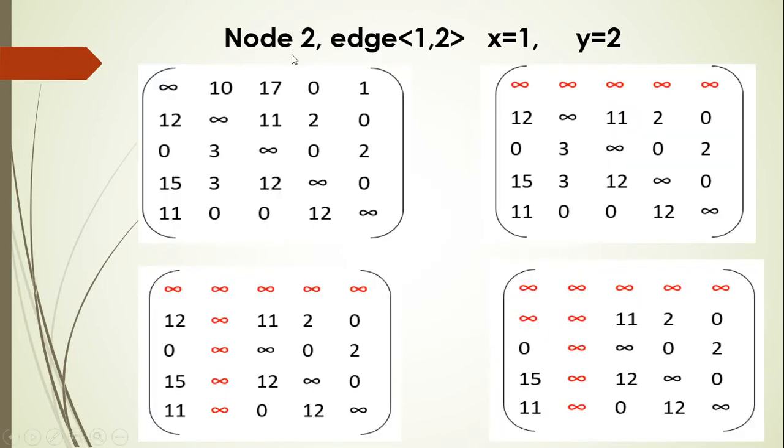For node 2, the edge is 1, 2. So here x is equal to 1 and y is equal to 2. So you are traveling here from 1 to 2. So what we are doing? There is no use of the first row and second column, so what we will do here is make it infinity.